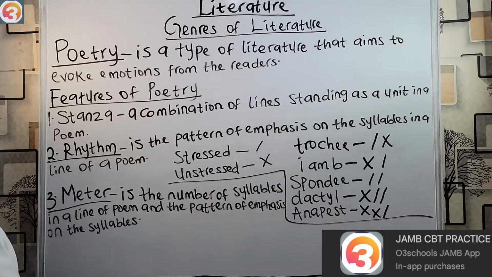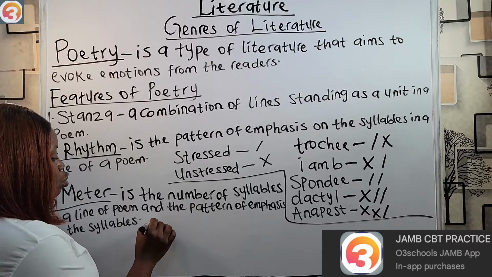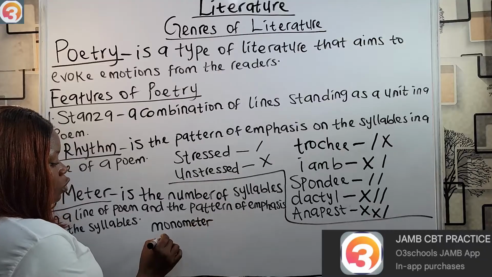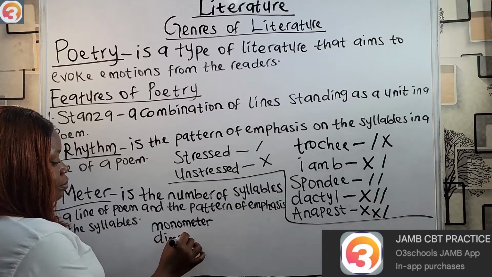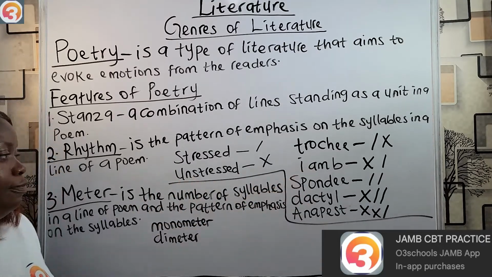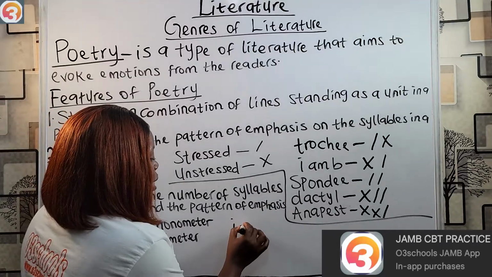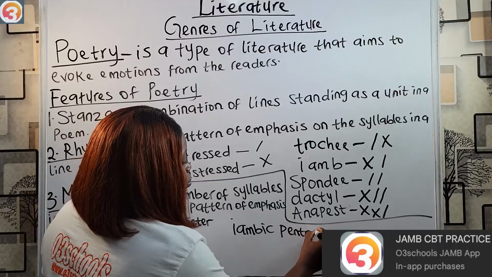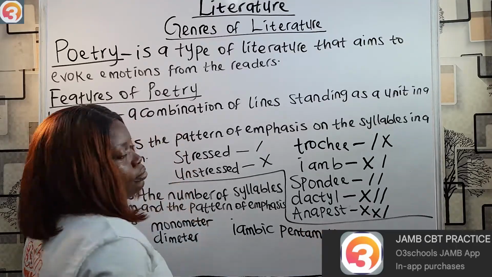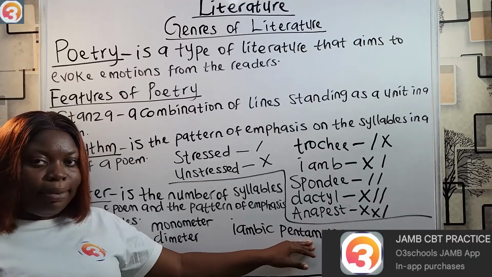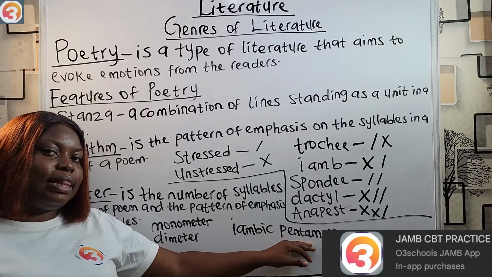So for number, you can have monometer or dimeter, trimeter, what have you. So if you're dealing with meter in a poem, you can have maybe the most common one, iambic pentameter. This has to do with the pattern of emphasis, and this has to do with the number of syllables in that line.